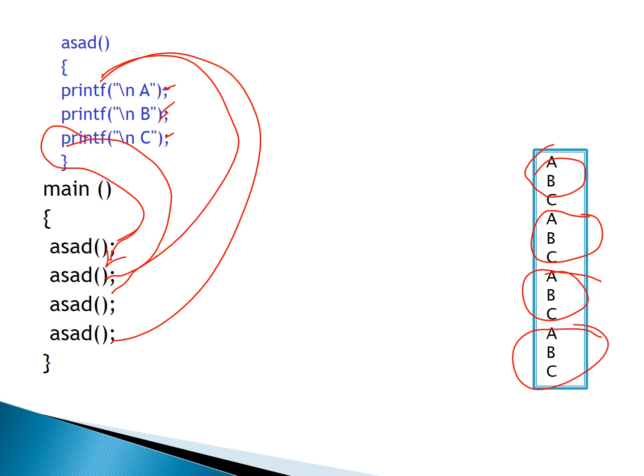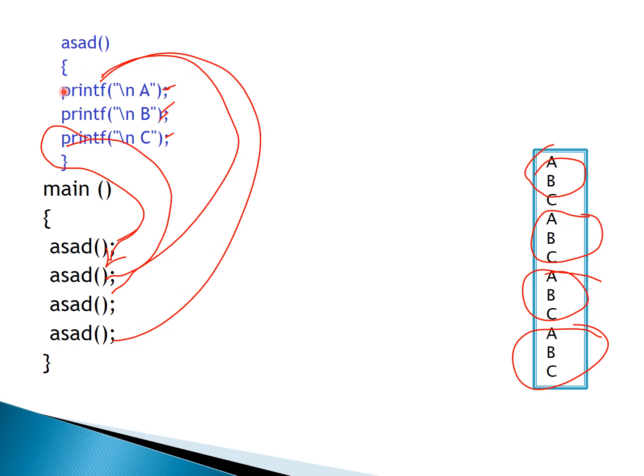So basically, that's the flow of execution for the functions. So you can see when we call asset, the control will come here.